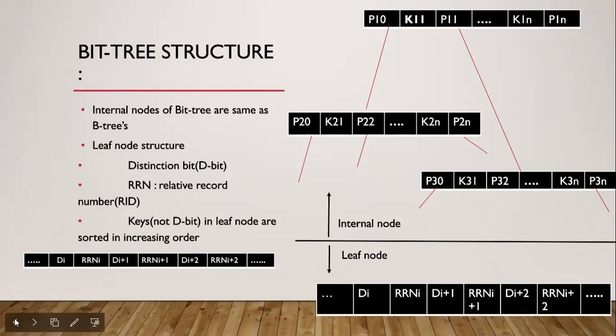So here is a box of D i, RRN i, D i plus 1, RRN i plus 1, D i plus 2, RRN i plus 2. Here D i is the greater value, the first value, and RRN i is the smaller value, the last value. So P10, K11, P11, K19. P10 is joined with P22, and P22 is an infinite internal node, and that side is a leaf node.